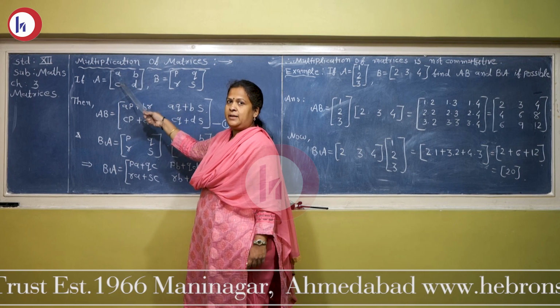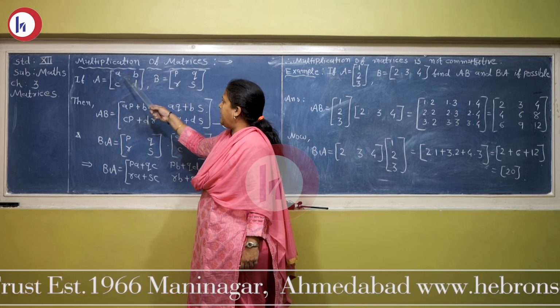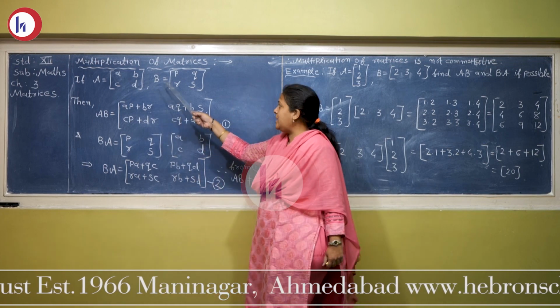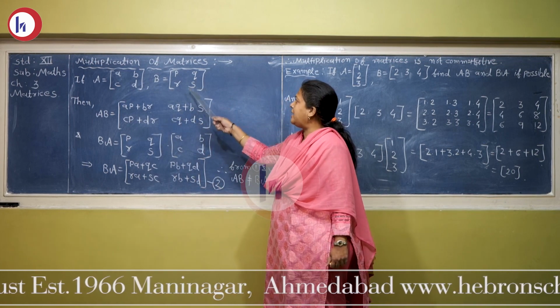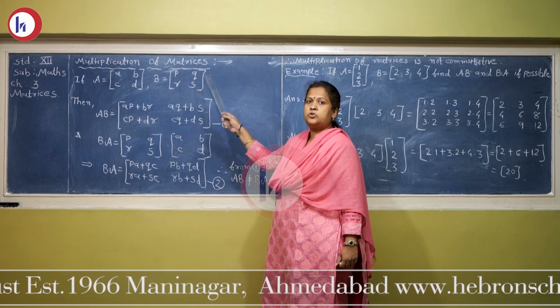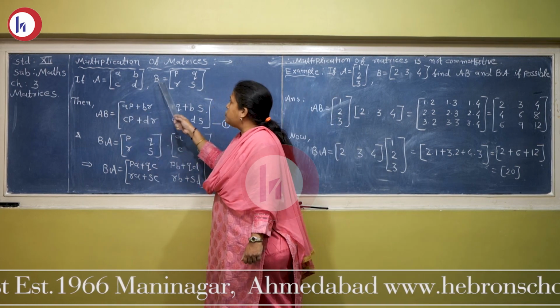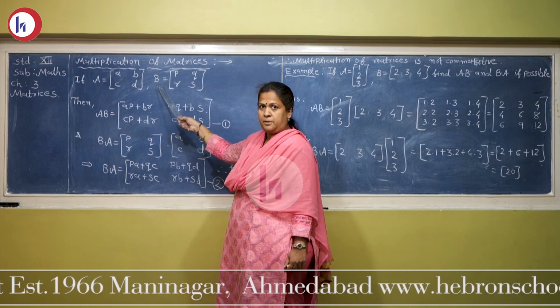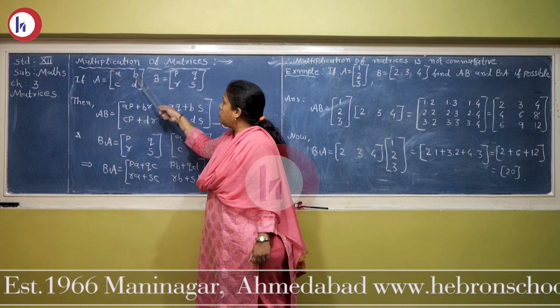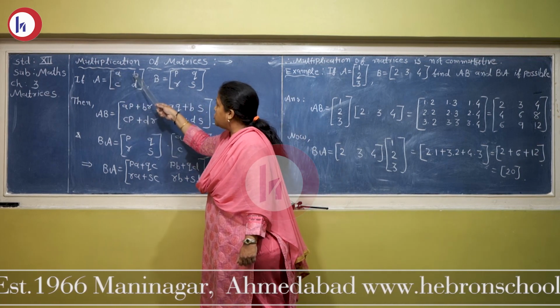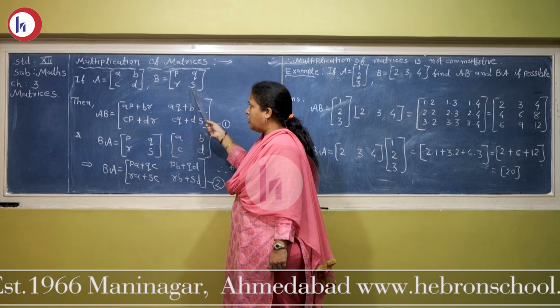The first matrix is A equals A, B, C, D and the second one is B equals P, Q, R, S. Now if we want to multiply these two matrices, then it is A into B. But in multiplication, the first row is multiplied by the first column, then the first row multiplied by the second column.